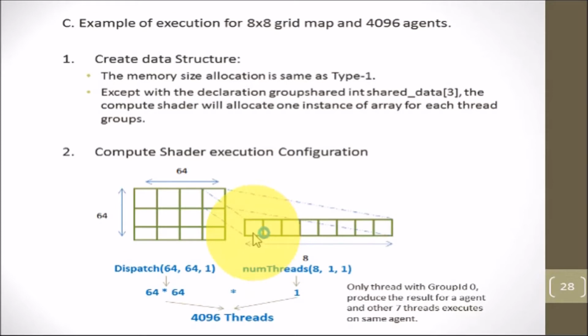The 0th thread will be the only one giving the output for the agent which is getting processed. So in this case we can say that one thread group processes one particular agent. So if we want to process 4096 agents, then we will have to dispatch a 64 by 64 thread group grid here, because each cell in the dispatch call will process one agent, and then we will have 4096 thread groups like this.